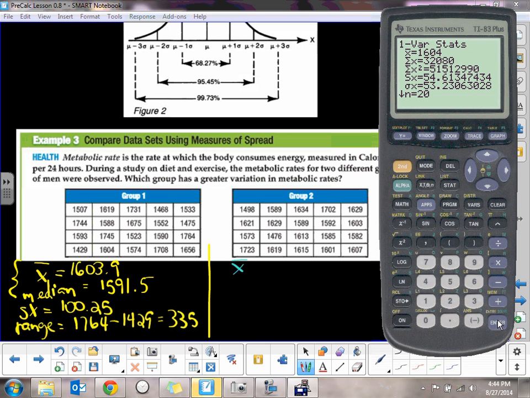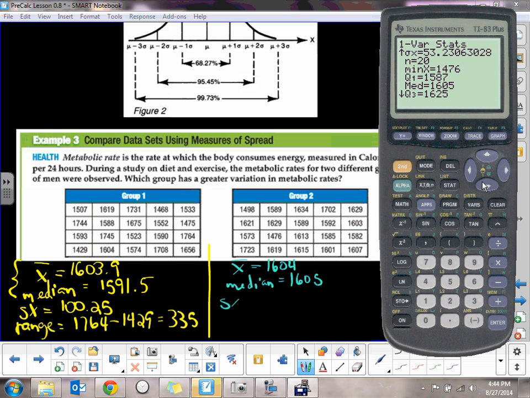The average metabolic rate for this group was 1,604. The median of this group was 1605. Now I want my sample deviation, which is, slide up a little bit, 54.61. And then I want the range of this group. So I'm going to get the highest and then subtract the lowest.